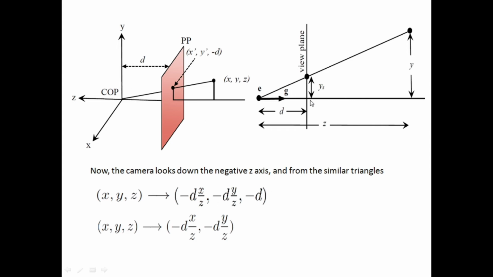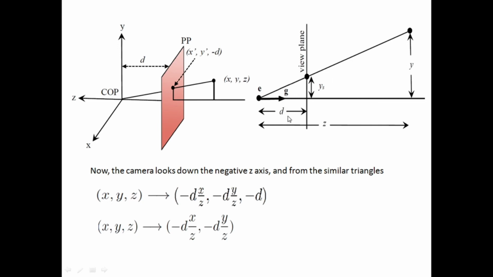And here also, the size of the image formed by the process of projection follows from similar triangles, as ys is nothing but y by z into small d. This is my scene coordinate, this is my pixel coordinate, and this is my image plane, or plane of projection. I just replicated this diagram here.